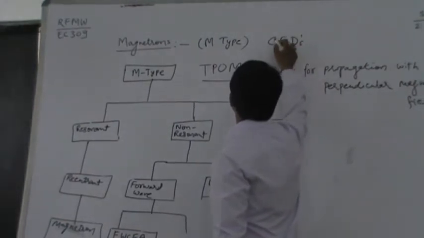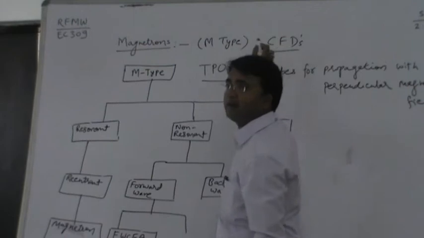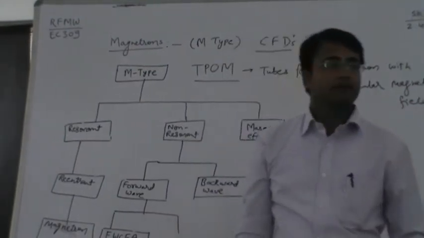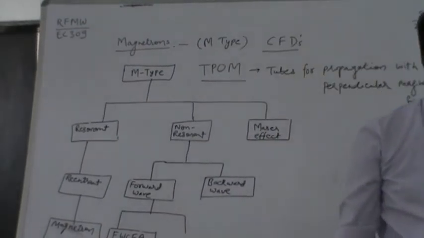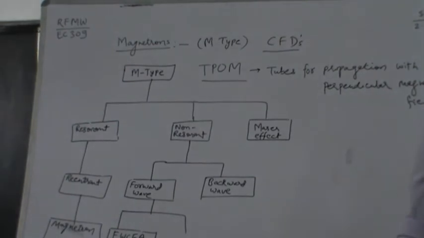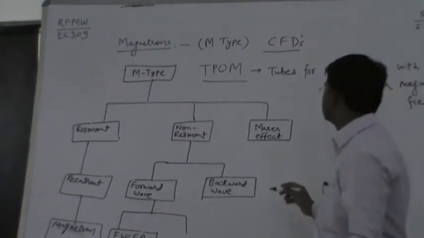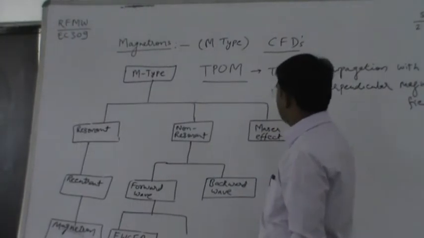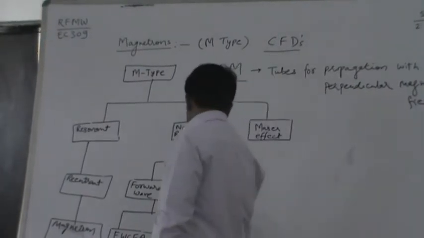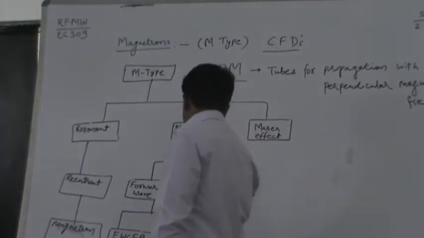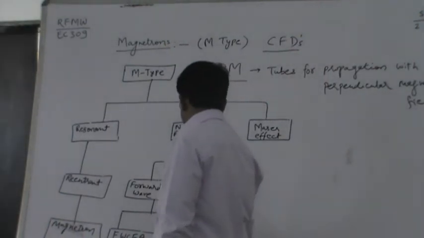These are also called CFDs, which is nothing but crossed field devices. Working as an oscillator, it is called a forward wave cross field oscillator.